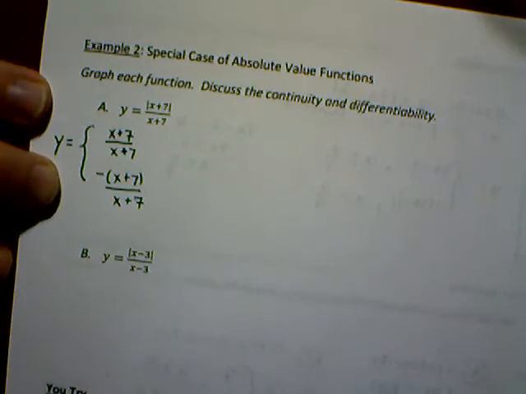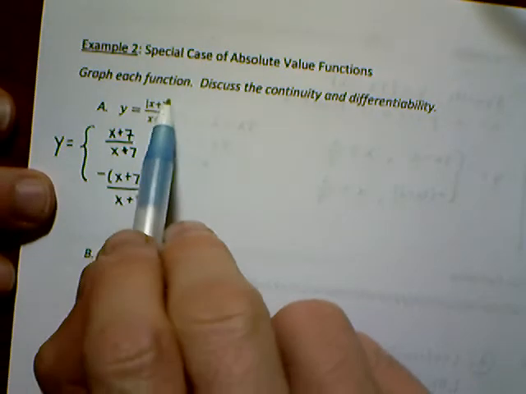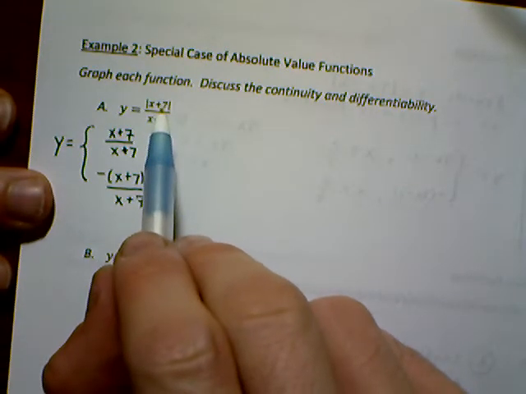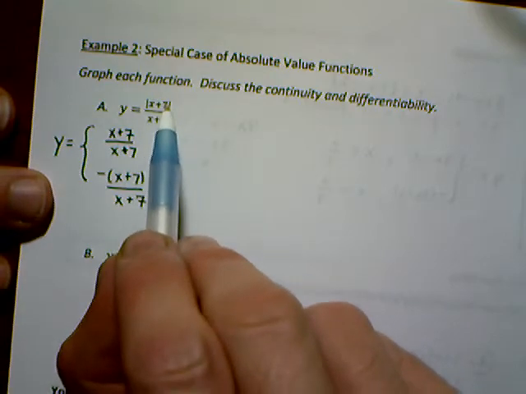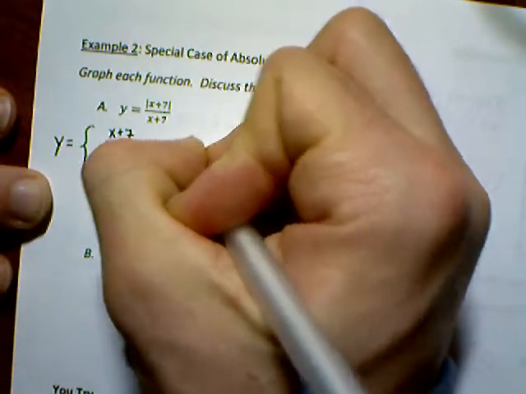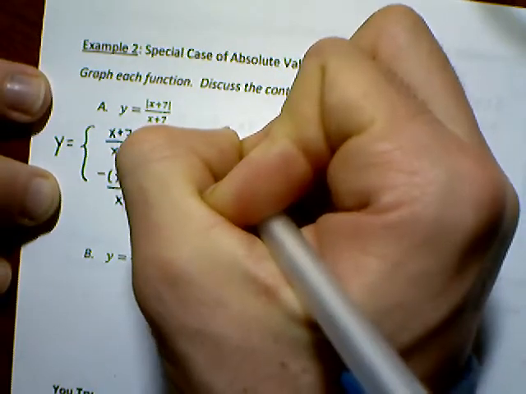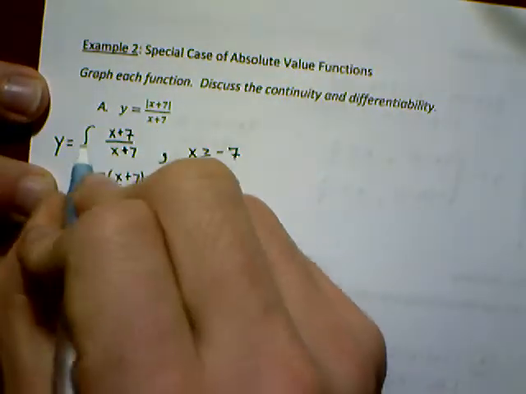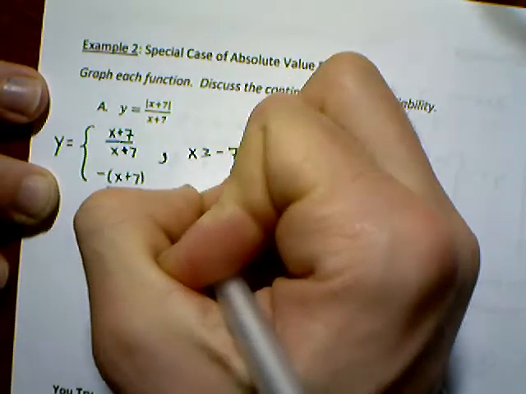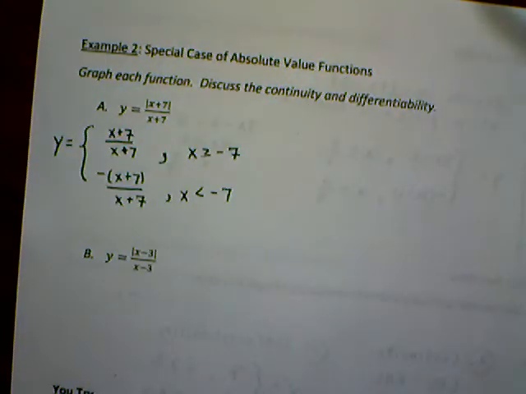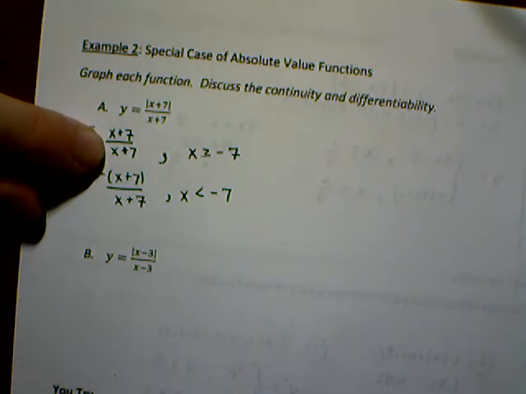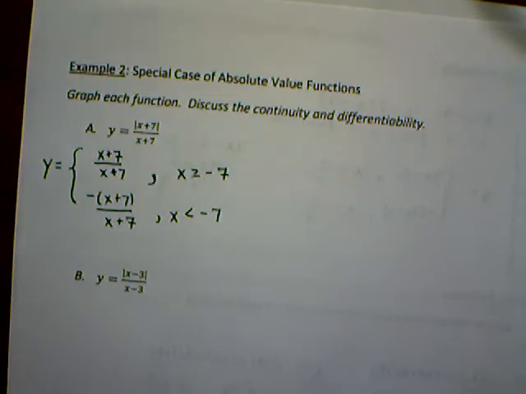Now, still the same thing, just set the inside equal to 0 to find where the rule changes. So at -7, -7 plus 7 is going to give you 0. Whenever x is greater than or equal to -7, you'll use this rule. Whenever x is less than -7, you use the second rule. Now let's make some observations here. I see x plus 7 over x plus 7 is equal to 1.